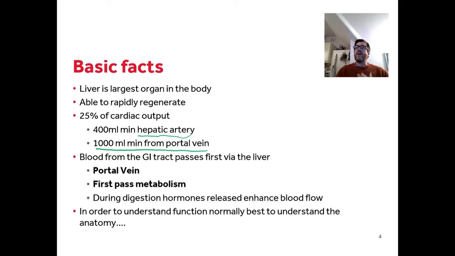Now, the portal vein is blood that has been enriched with nutrients from the gastrointestinal tract. That blood then passes directly to the liver. The reason for that is it allows metabolism of products in the liver immediately after they've been absorbed from the gastrointestinal tract.